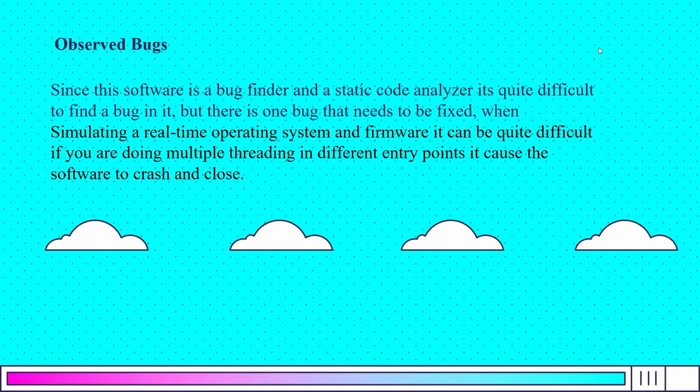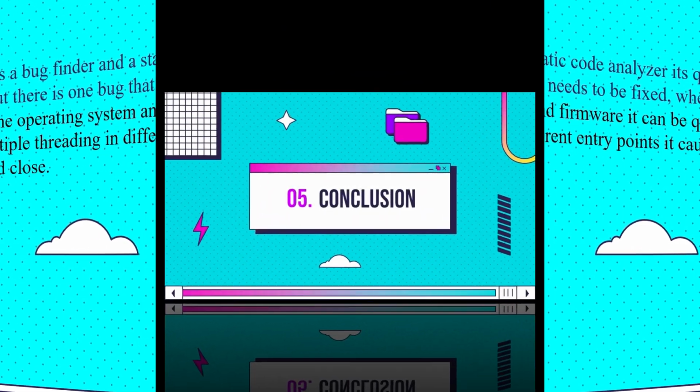But there is one bug that needs to be fixed. When simulating a real-time operating system and firmware, it can be quite difficult if you are doing multiple threading at different entry points. It causes the software to crash and close.